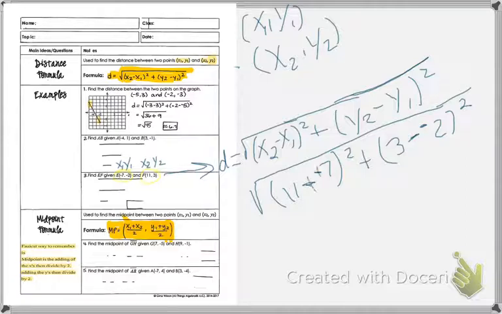So here we have bam, bam, square root. Yes, I could plug this all in a calculator, but I'm not going to do that.